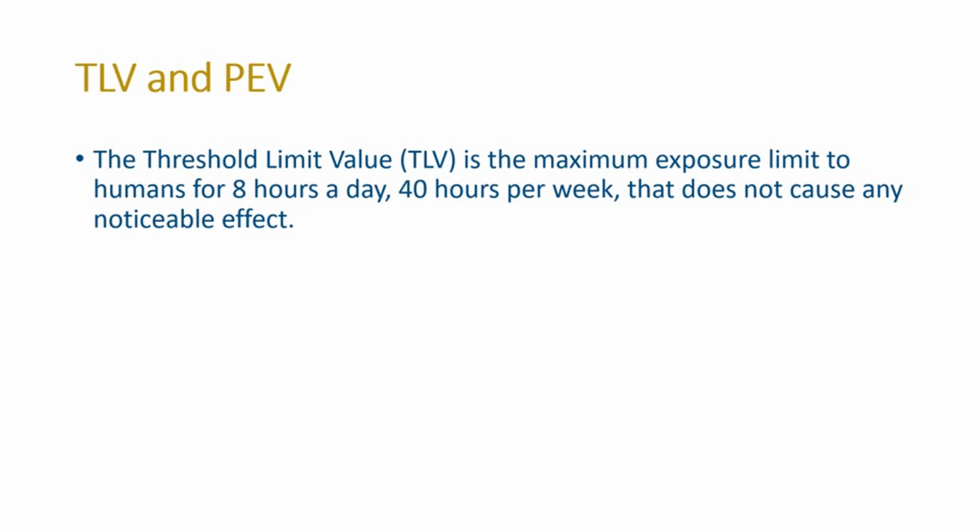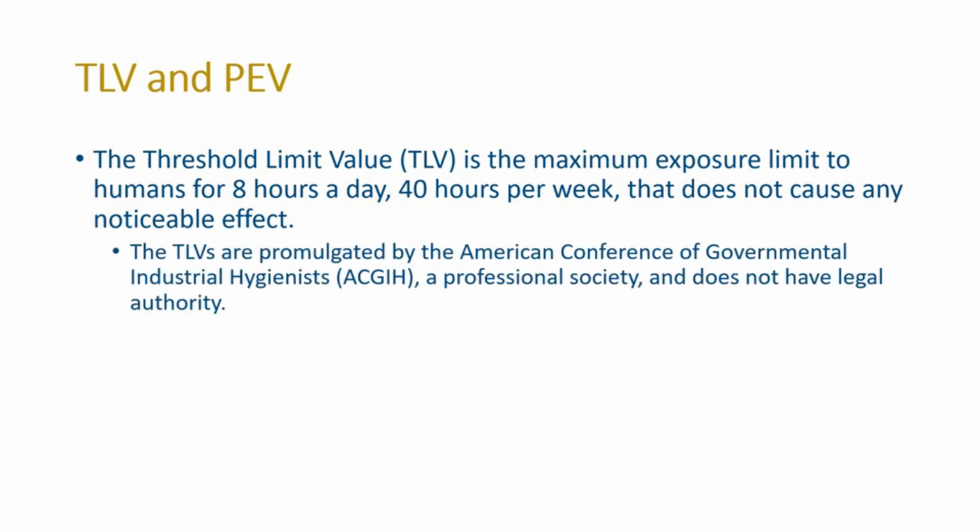Here, what we're looking at is a normal worker's lifetime. TLVs are promulgated by the American Conference of Governmental Industrial Hygienists, which is a professional society, and these do not carry legal authority.